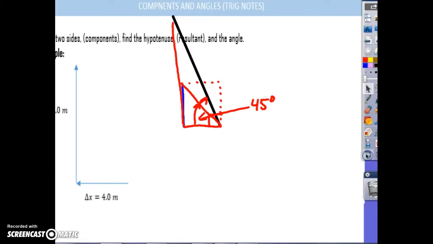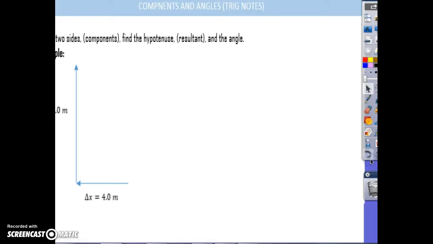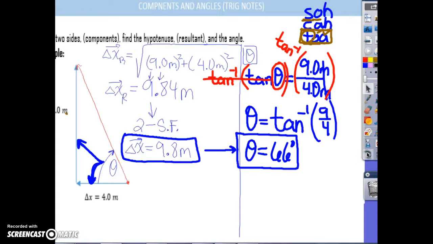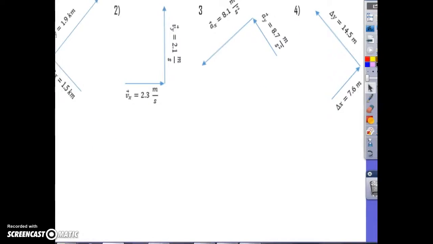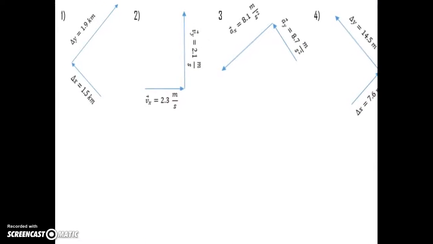Actually, let me go ahead and undo all this and bring this back to the problem. And here are the practice problems that I gave you. Let's run right through them. I'm going to go pretty quickly.